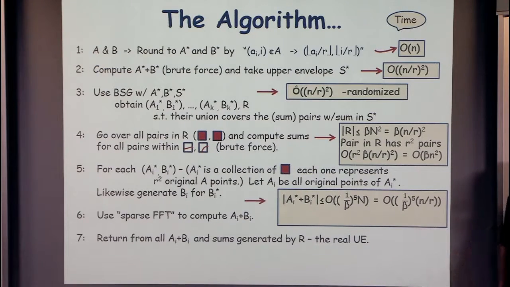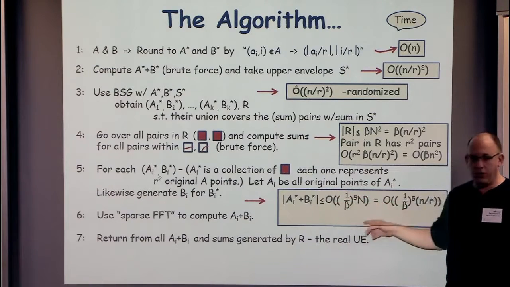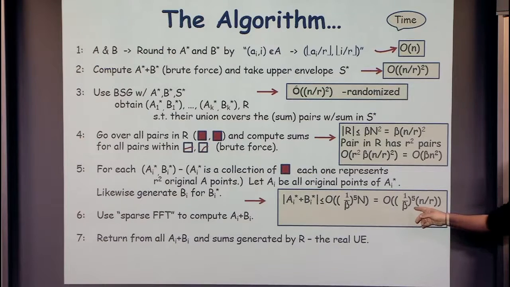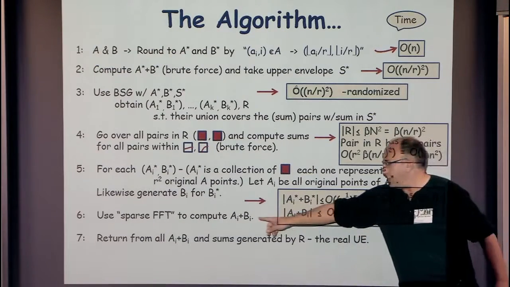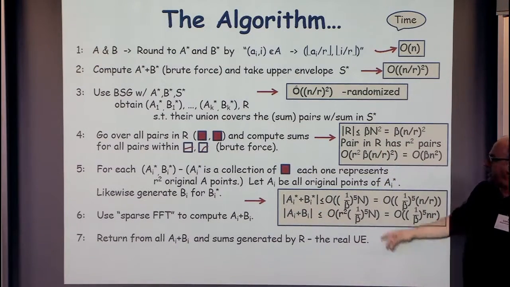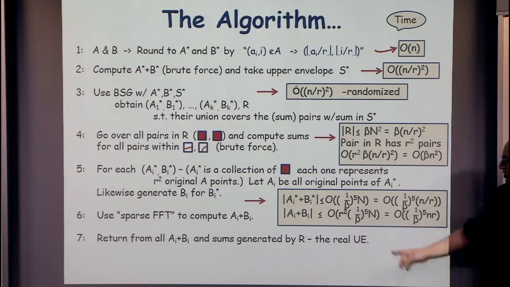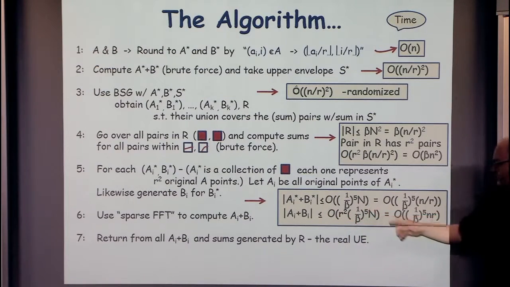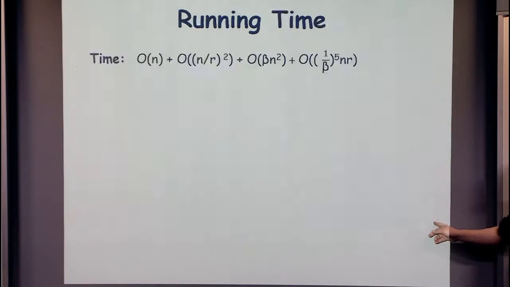And here, we know that A_I star plus B_I star is bounded by 1 over beta to the 5th n, which is 1 over beta to the 5th n divided by r. And then we go to compute A_I plus B_I. But as we said, the number of points for each one is at most r squared. So we multiply this by r squared, and we get r squared times 1 over beta to the 5th n, which comes out to 1 over beta to the 5th n times r.